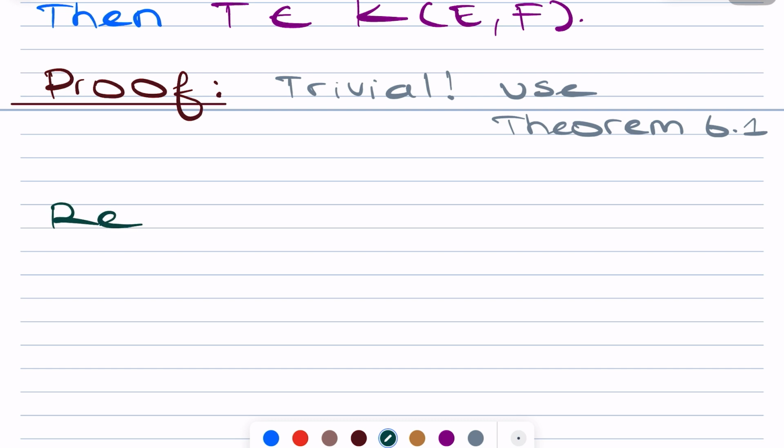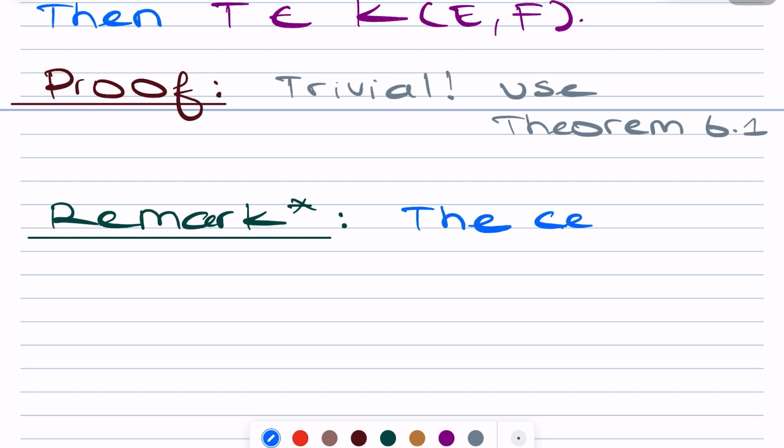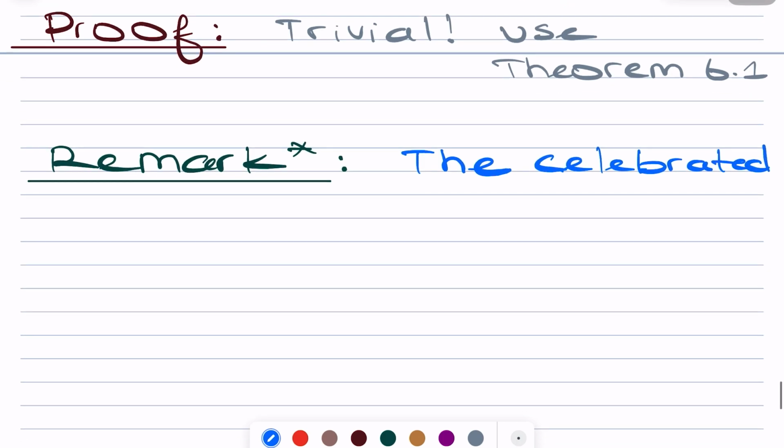Okay, so remark. I'll put a star to say that this is a very important, crucial remark: the celebrated approximation problem.